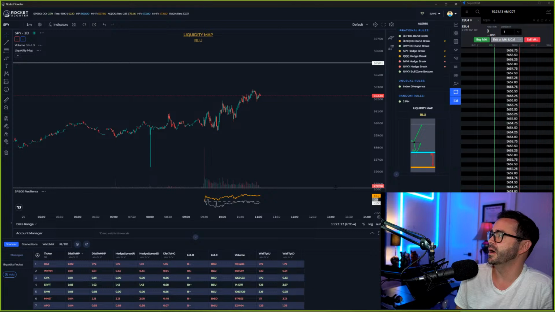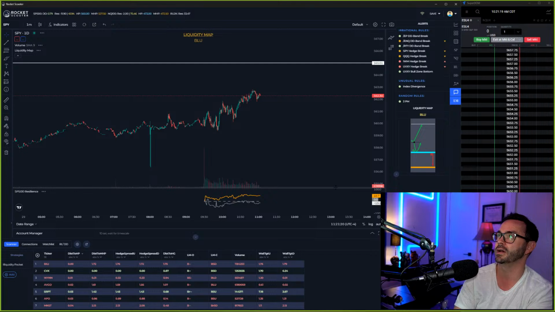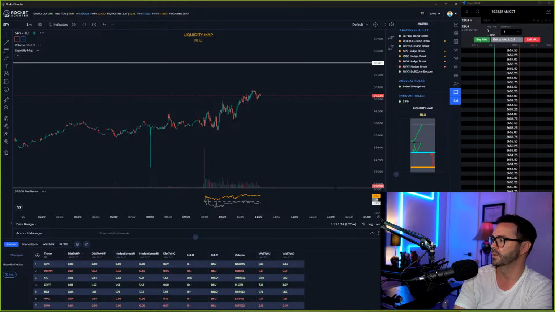I've been buying 468 puts in Nasdaq all morning. Each time we've tapped 478, they've gotten cheaper and cheaper. So I like what I'm seeing. The market's starting to pull back a little bit.